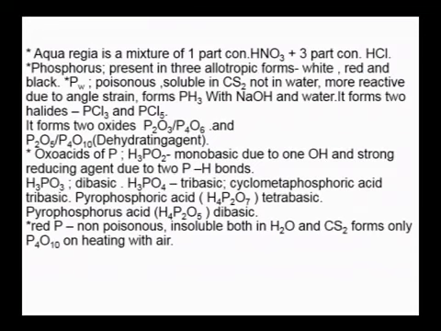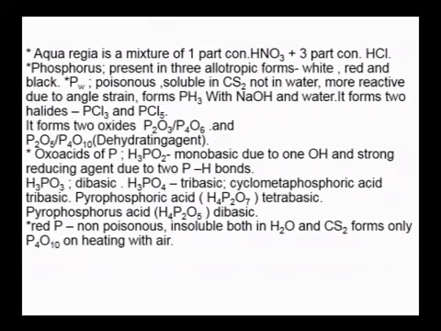Now, let us see oxoacids of phosphorus. Phosphorus forms several oxoacids. Among them, H3PO2, hypophosphorus acid, is monobasic due to one OH bond, and it acts as a strong reducing agent due to the presence of two P-H bonds.